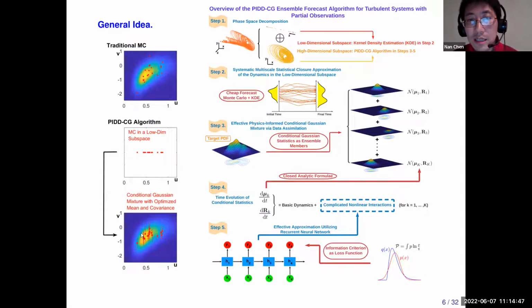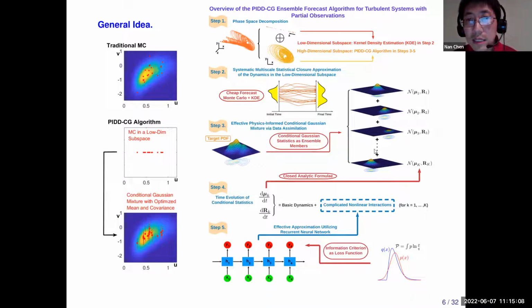And then, as I said here, conditional on each of these sampled points, we will build a conditional Gaussian mixture here. And essentially, the high-dimensional PDF will be decomposed into different conditional Gaussians, or you can think of them as Gaussians if you only look at the high-dimensional space.